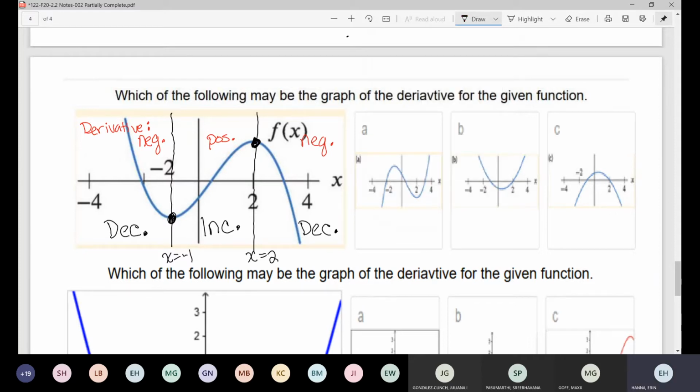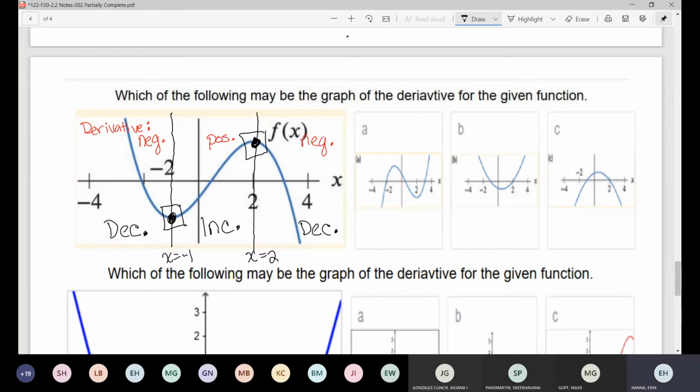So now I've got to go over to my choices and try to figure it out. Now also remember that these two max and min points, the derivative graph should at least touch, if not cross, the x-axis at those points and only those points. I lied. There are very few opportunities where the derivative could also touch the x-axis. But okay, back up.